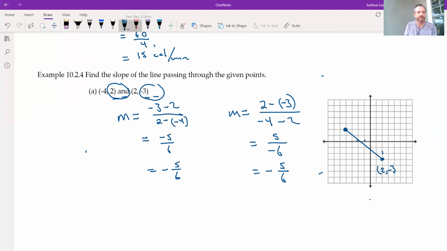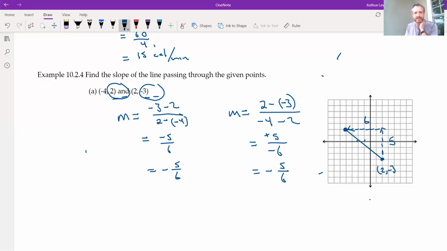Give me my red pen. Oh well. So this is like going up a distance of 5, and then going left a distance of 6. Well, up is a positive direction, and left is a negative direction.